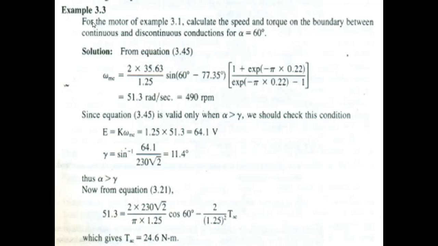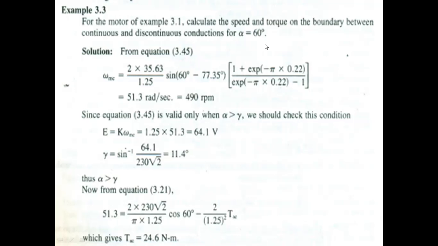So for the motor of example 3.1, we have to calculate the speed and torque on the boundary between the continuous and discontinuous conduction for alpha equal to 60 degrees. They have given the firing angle alpha as 60 degrees for the thyristor.